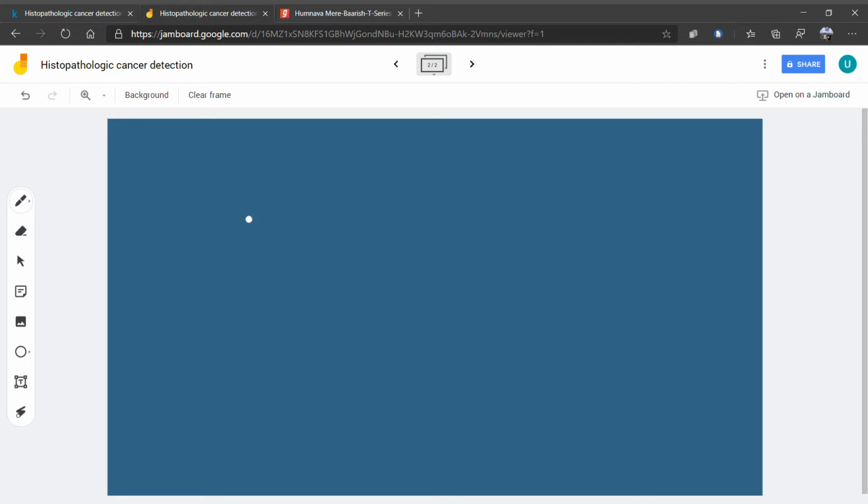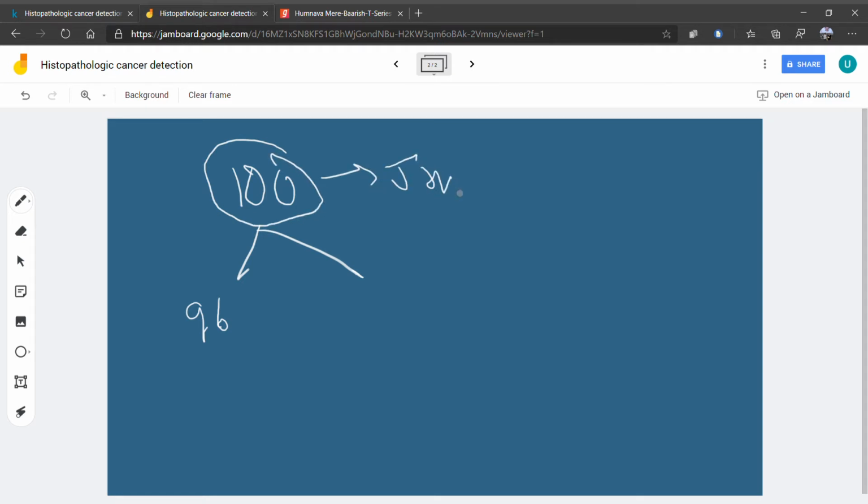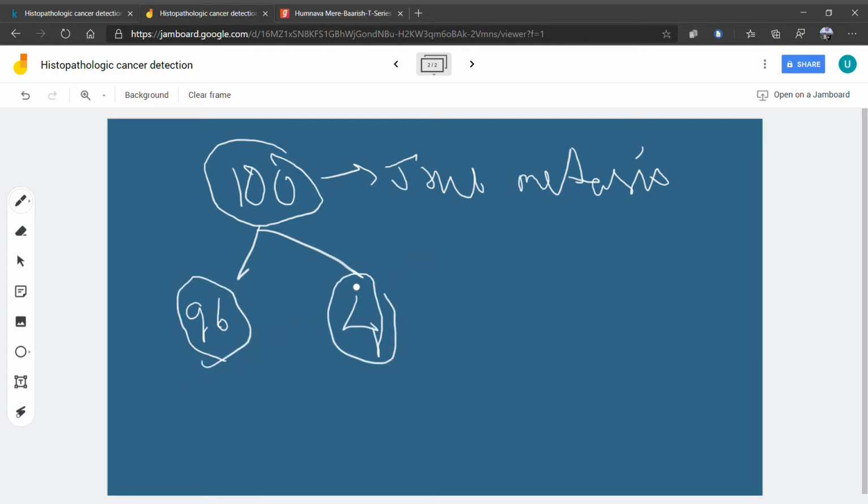Suppose, as an example, you have got 100 images and you classify all 100 as true metastatic. Out of these 100, 96 are true in the real sense, meaning 96 actually have cancer metastasis, and the other four you obtained as true but actually they are false.